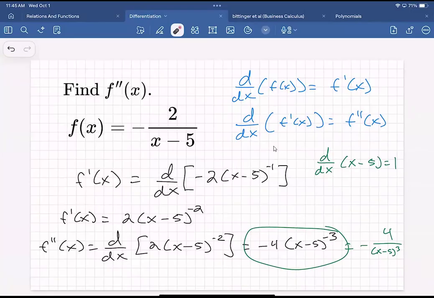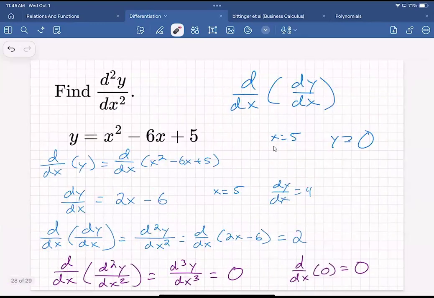Okay, the notation that we should expect to see is f double prime or more if need be, or the Leibniz notation as we see here, where we had d squared y all over dx squared. Okay, using those superscripts. Okay, any questions or concerns though as we finish up today?